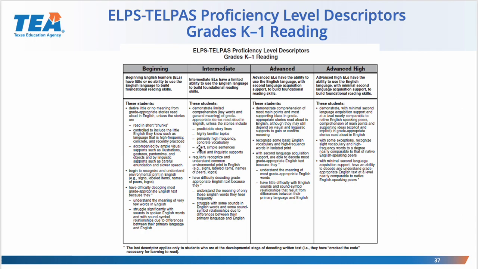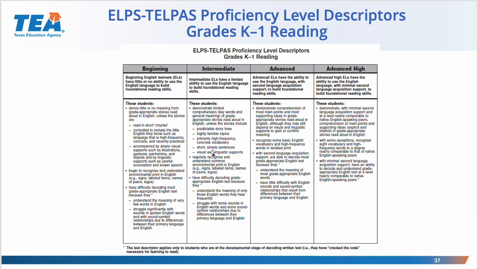The difference, we move from words to short, simple sentences. And so again, they're going to be demonstrating their limited comprehension of grade appropriate stories read aloud in English, unless the stories include these items, right?